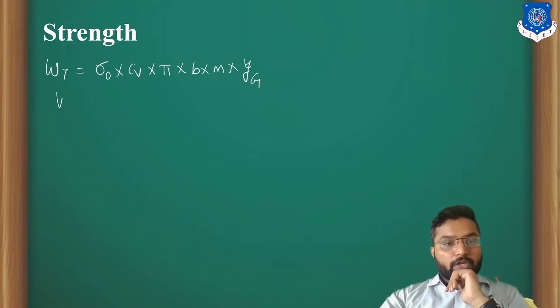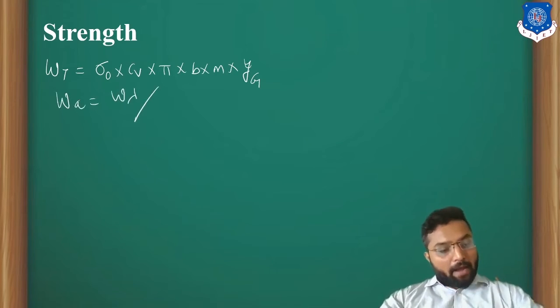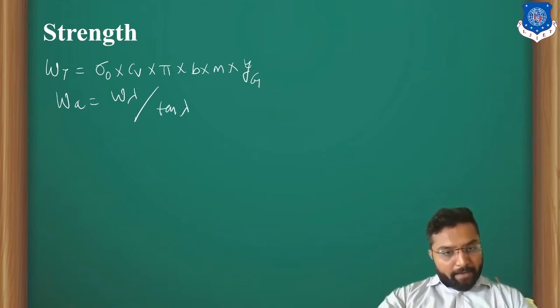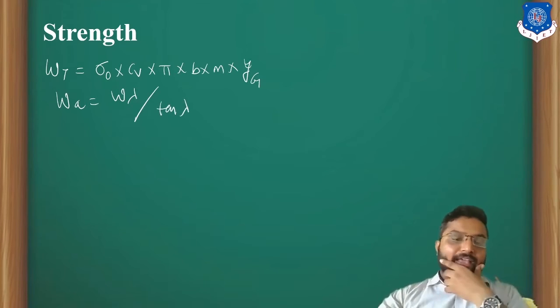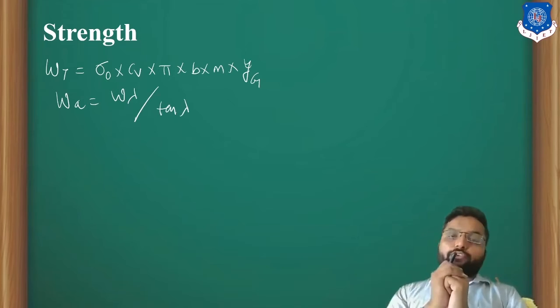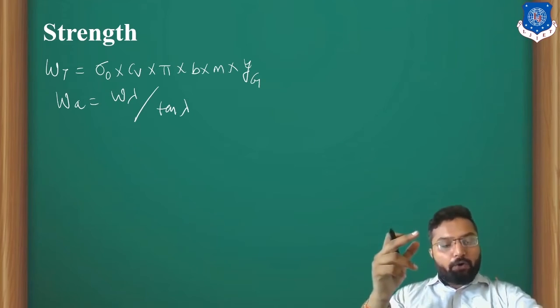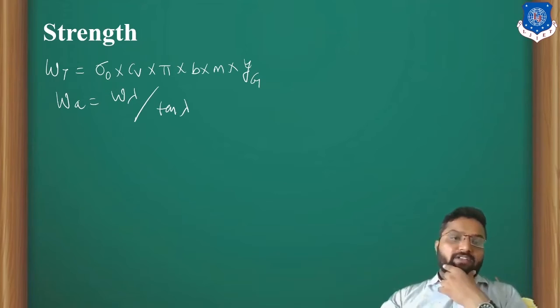So the axial force Wa will be Wt divided by tan lambda. So this axial load will act upon your worm. Clear? That Wt acts on your wheel, so Wa will act on your worm. Clear? I hope you understand this.